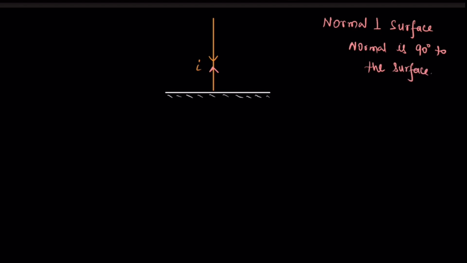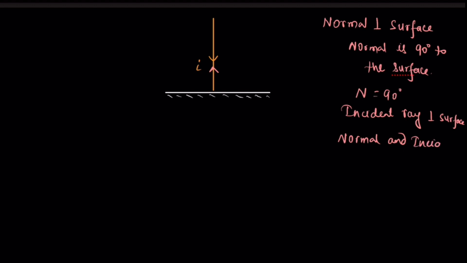And in this case we are saying that the incident ray is perpendicular to the surface. So the normal and the incident ray both are perpendicular to the surface.